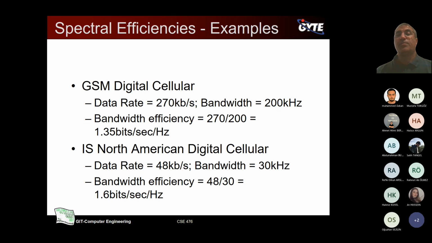In addition to this bandwidth efficiency, we also use spectral efficiency for the performance of communication systems. Let's look at the GSM digital cellular technology. The data rate is 270 kilobits per second, and we use 200 kilohertz bandwidth in this case.